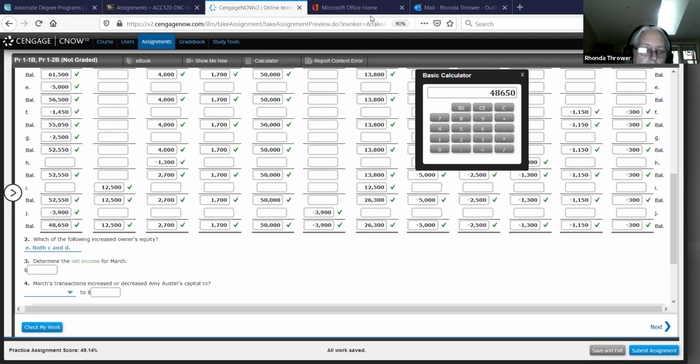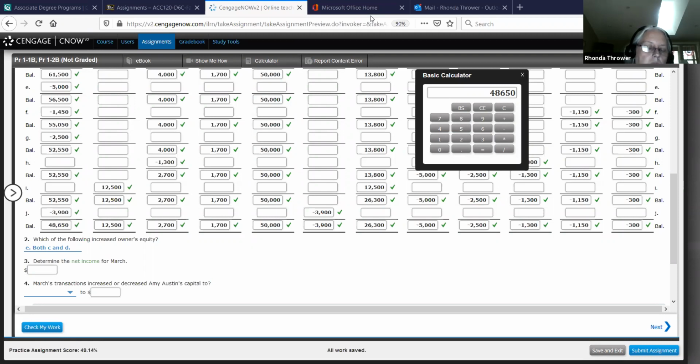So the beginning owner's equity for this month was $0, but the owner contributed $50,000 to this business. So the owner's worth increased by $50,000. Then we had net income, and then we deducted our drawing. The increase was $12,150, and we combine all of these together to get the ending amount of owner's equity.